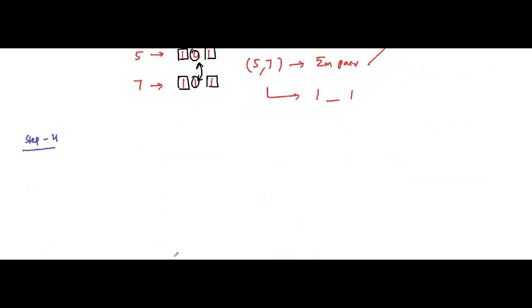So step 4 is the table of minterm pairs and their binary equivalents A, B, C, because 3 bits are there.